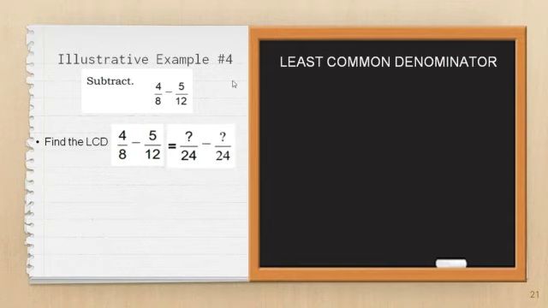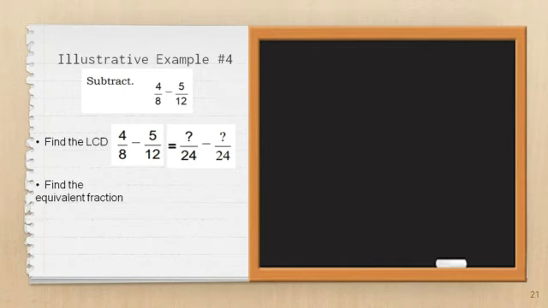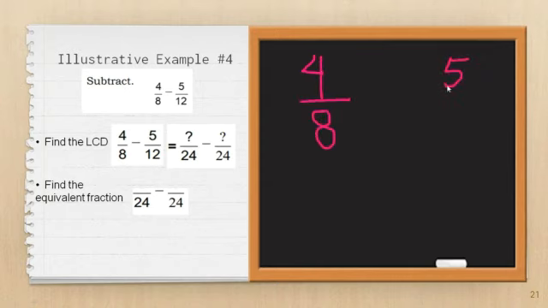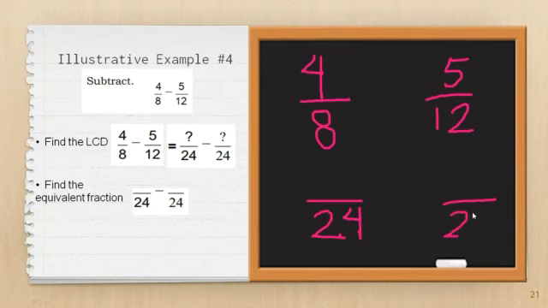So, ibig sabihin, meron na tayong 24. Kailangan nating hanapin yung equivalent fraction nila. So, 24 na yung ilalim. So, let's copy 4 over 8 here. And then the other one is 5 over 12. So, meron tayong 24 sa ilalim. Ito ding isa ay 24. Ano ulit gagawin natin? 24 divided by 8.